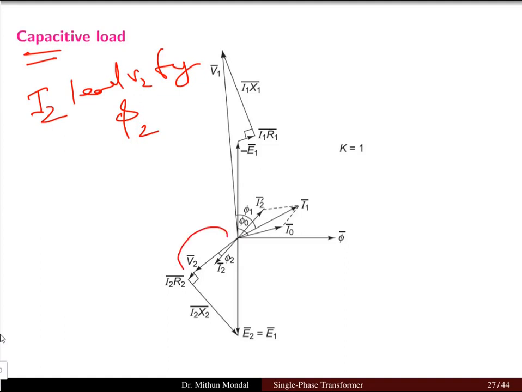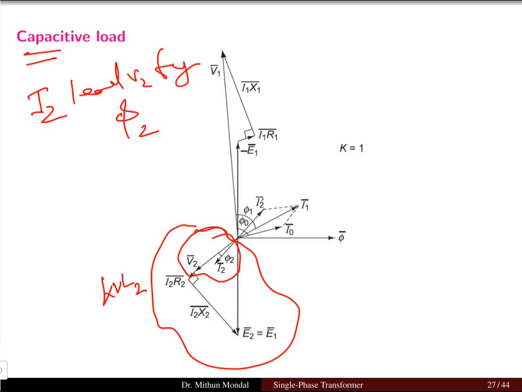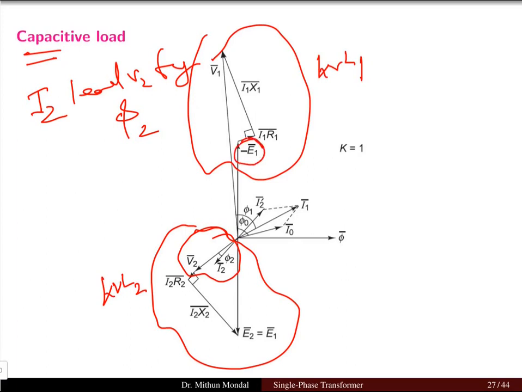So here we will have the phi2 angle, and from this we get the KVL equation in the secondary loop, and from this the KVL equation in the primary loop. And minus E1 we take into account, so E1 is on this side to write the KVL equation in the primary loop. I1 is again the vector sum of I0 plus I2 dash, and I2 dash will be anti-phase with I2.